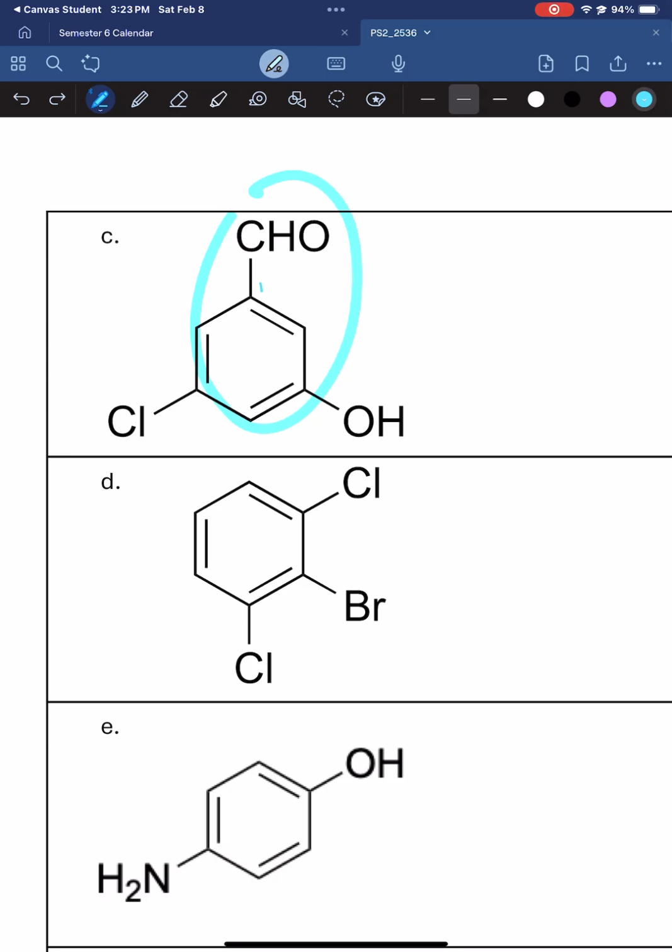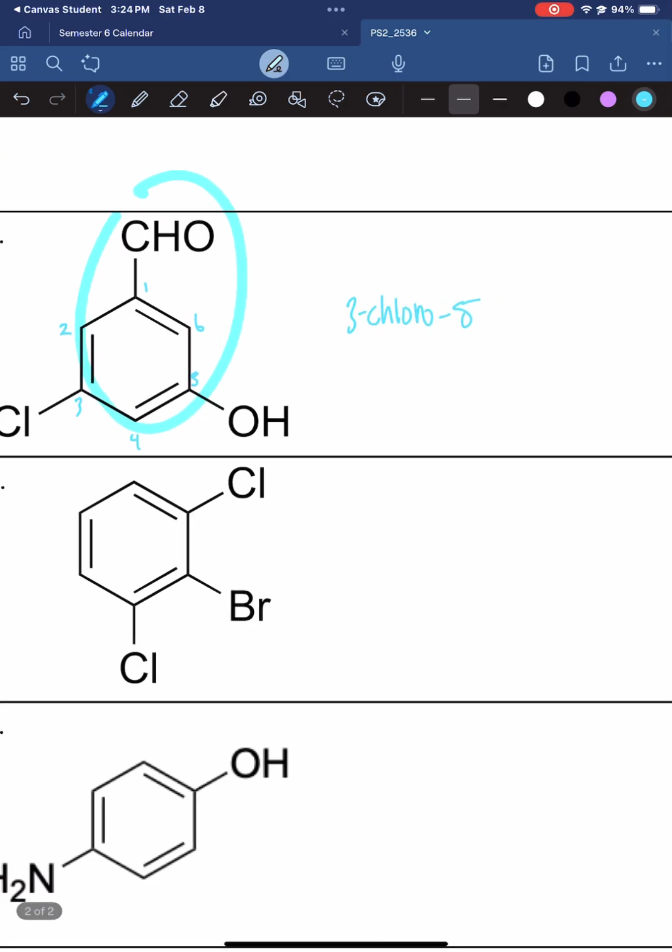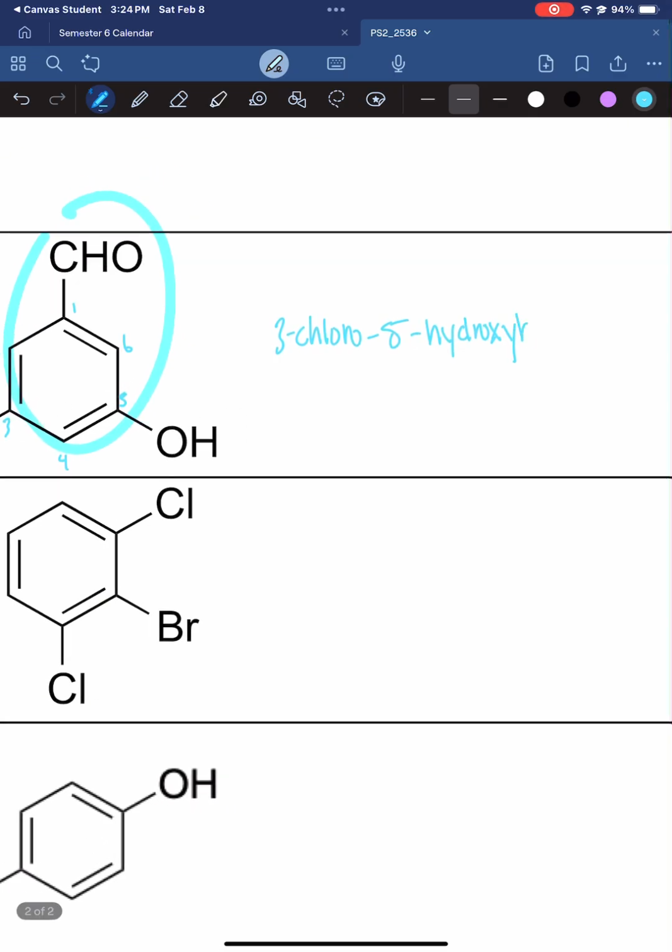So we're going to go to the left. 1, 2, 3, 4, 5, 6. So our final name is going to be 3-chloro-5-hydroxy, and the prefix for OH is hydroxy, not hydroxyl, it's hydroxy. And then the parent chain is benzaldehyde.